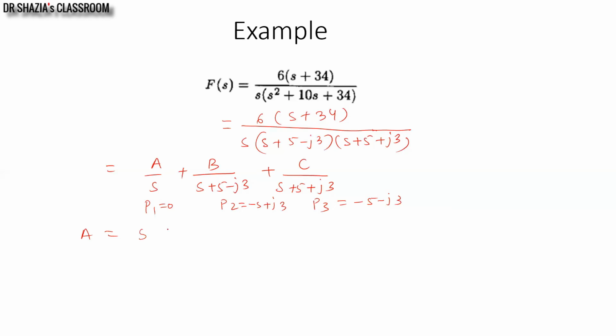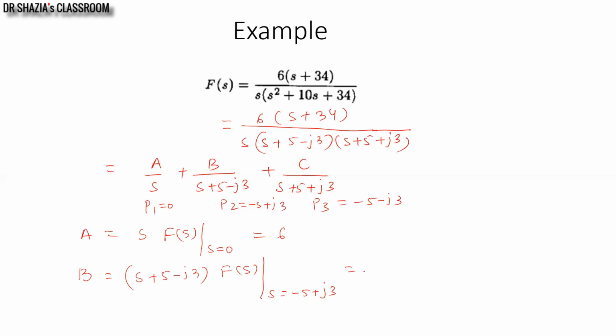s into f of s at s is equal to 0, which is 6. Now the second constant b will be calculated as, here I am going to write s plus 5 minus j3 into f of s for s is equal to minus of 5 plus j3.